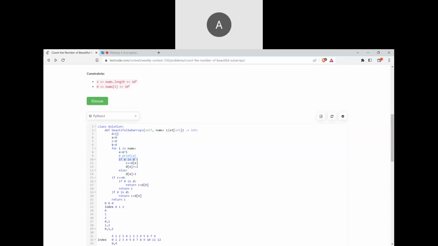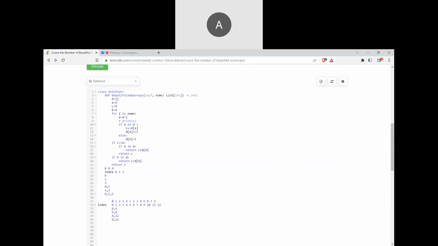And if that x is already present in the dictionary, so we have already come across that number, then I would make my count as C plus equals the previous count of that, and I would increment the present value count. Else, I would make the appearance of that element as one. If we take an example, like the same 4, 1, 2, 3, 4.